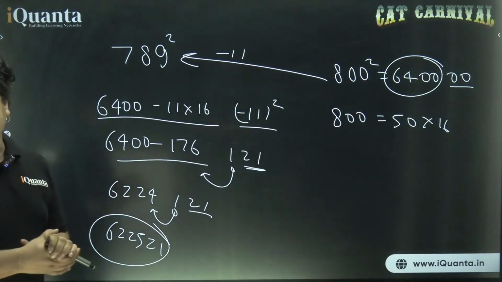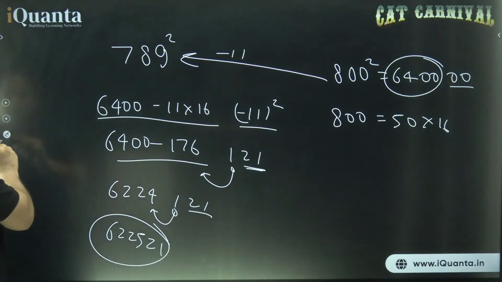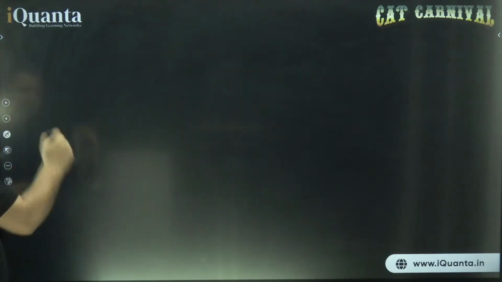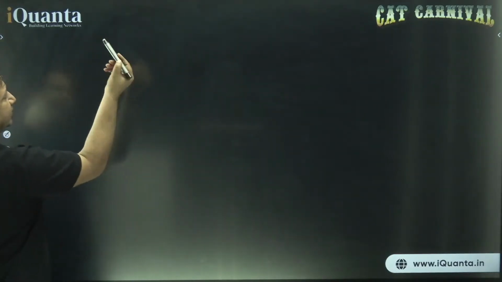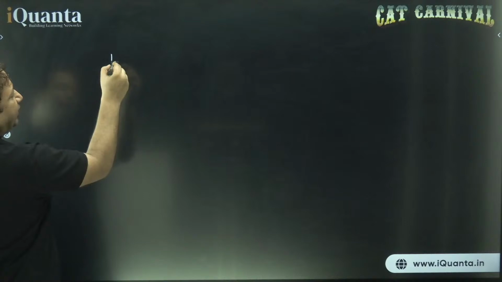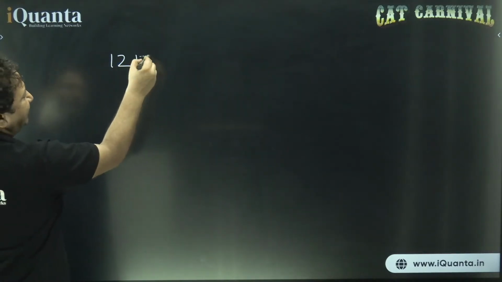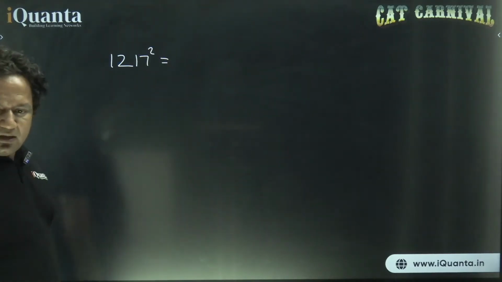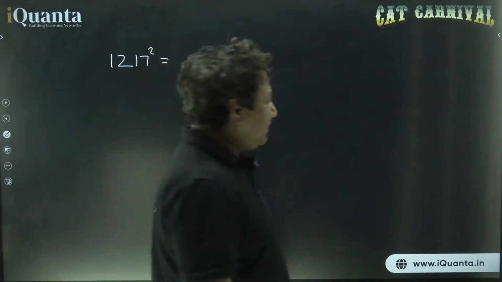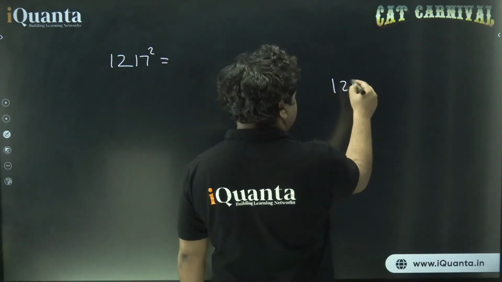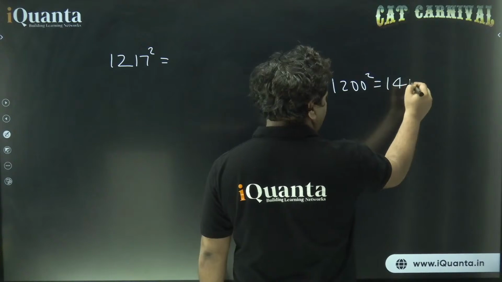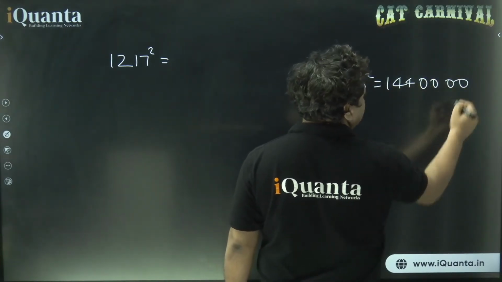But the problem is, okay, let me show you something for 4 digits. Let's say I want to calculate the square of 1217. The thing is, it is in our limits. 1200 square is 144 followed by 4 zeros.